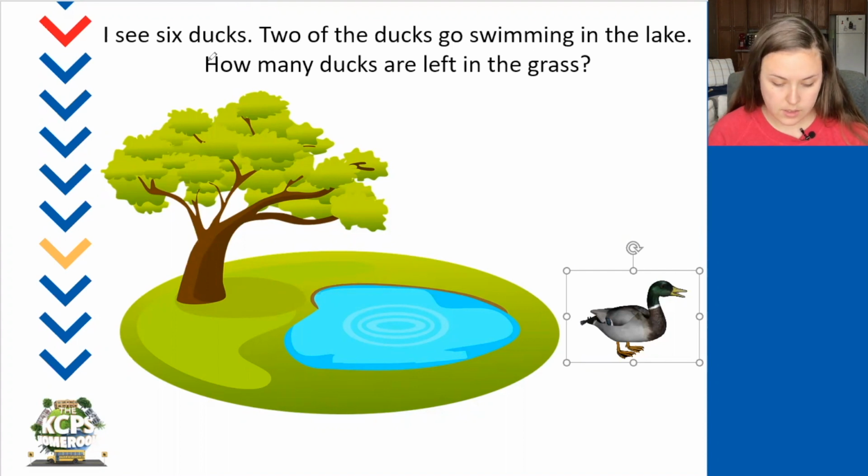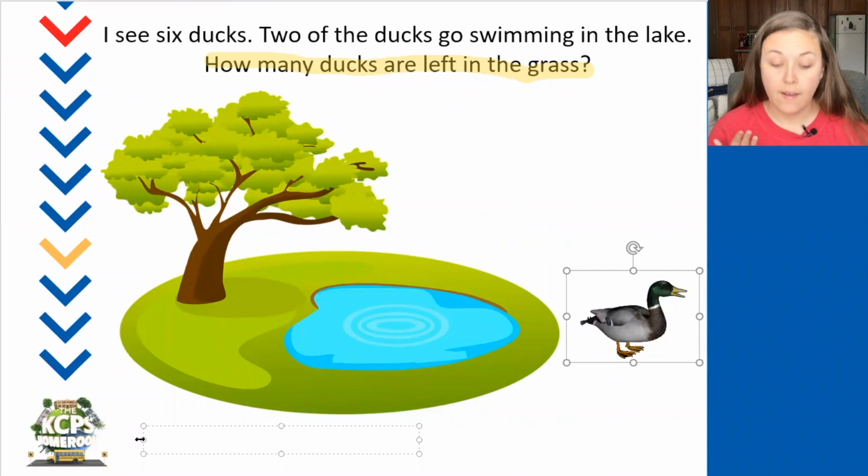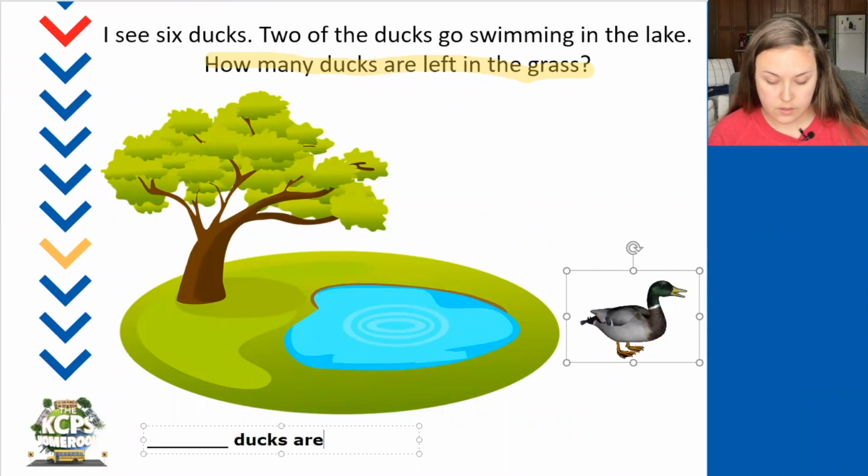So let's see here. This last sentence has a question mark at the end. How many ducks are left in the grass? Now, if you had to answer that question, what would you say? I would say some ducks are left in the grass. So that's going to be our answer statement.